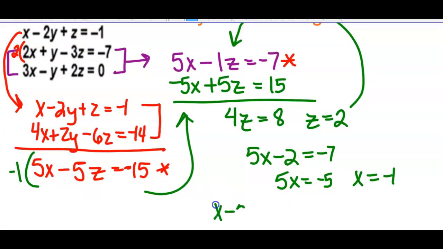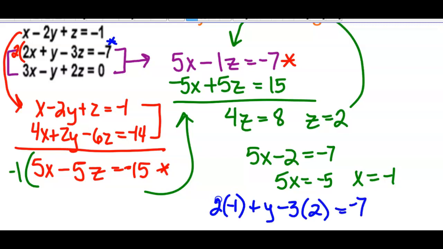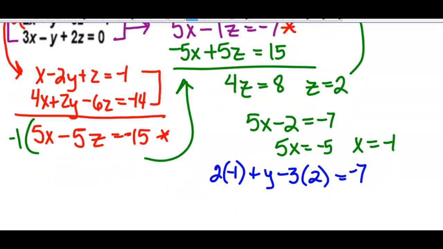And it said x minus 2. Whoop. I'm trying to find y now, sorry. If I go back to the original equations up here, I could pick maybe this second one and write 2x plus y minus 3z equals -7, and then I can solve for y.